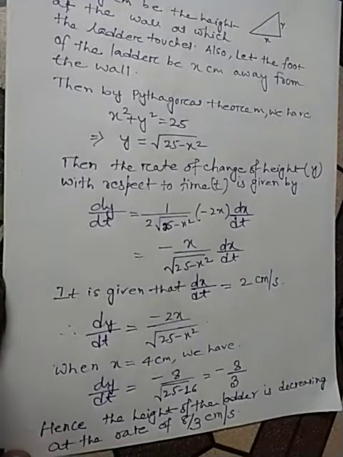So next we'll take another question, question number 14. The question is given like this: sand is pouring from a pipe at the rate of 12 centimeter cube per second.